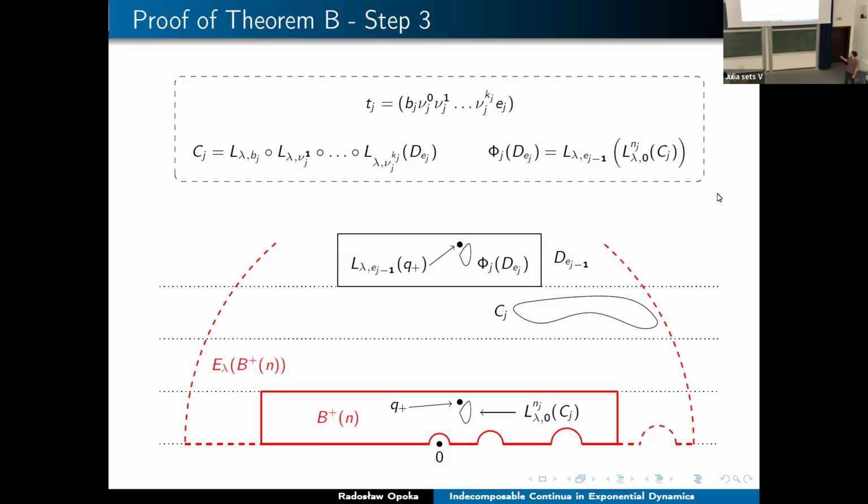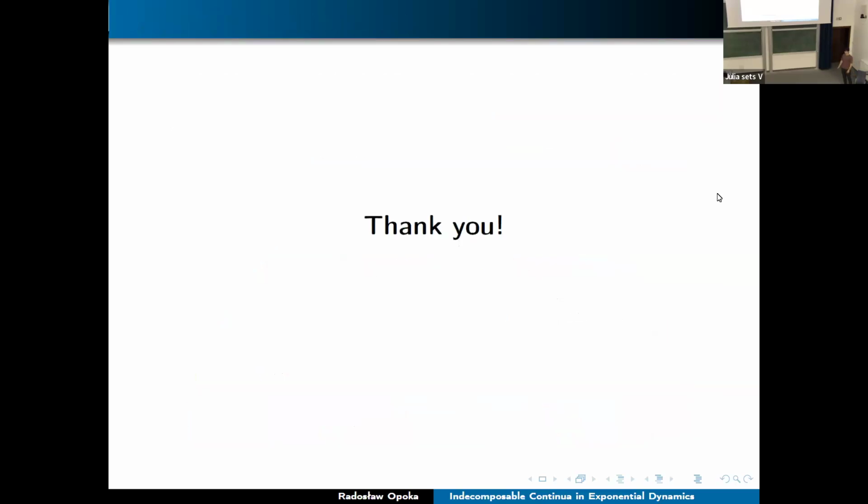So if infinitely many BJs are positive, then Q plus is inside the omega limit set of this unique point. And if infinitely many BJs are negative, then Q minus is inside the omega limit set. And these two cases can happen at the same time. So this is it. Thank you for your attention.